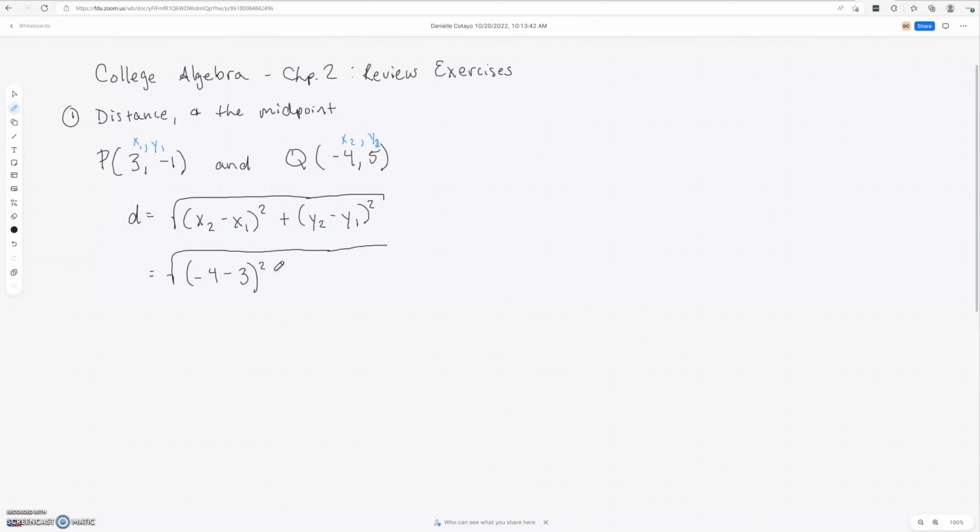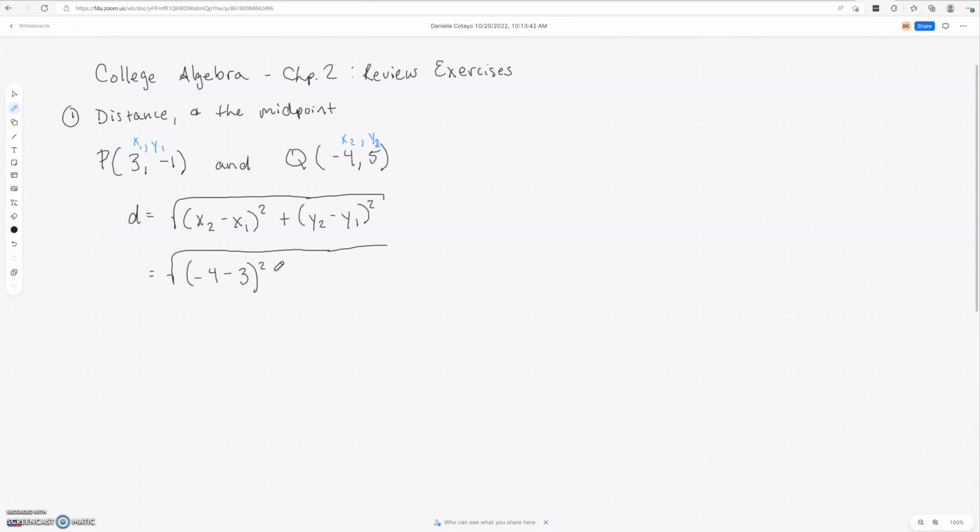Right? So this is equal to the square root of (-4 minus 3), which is -7, squared. My signs are the same, so I add the numbers and keep the sign. Plus 5 minus a -1 becomes 5 plus 1, squared, so this becomes 6 squared.